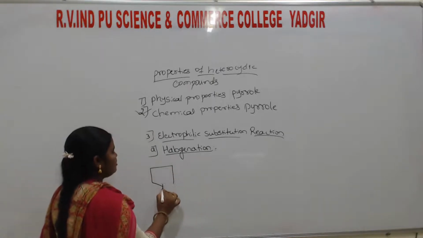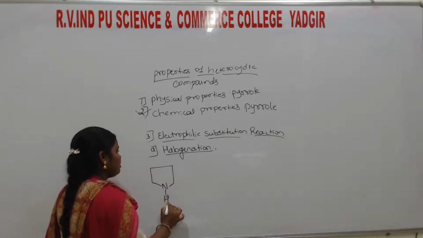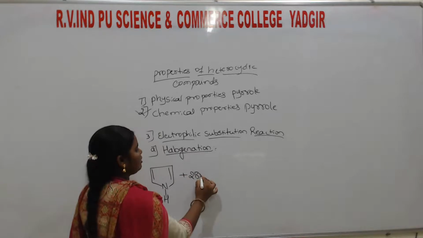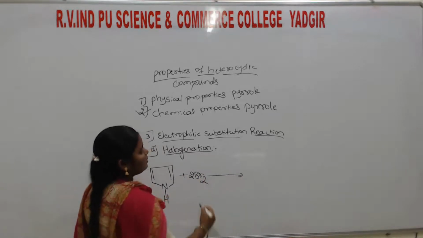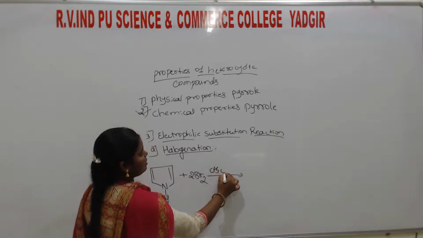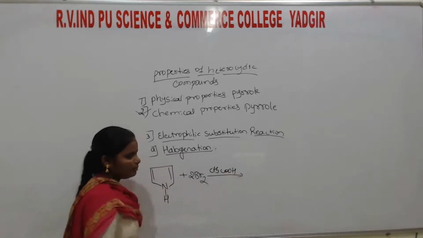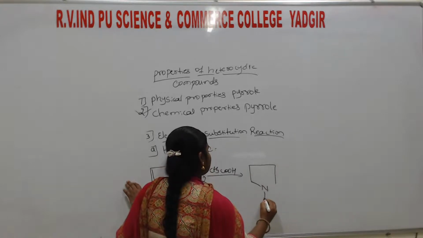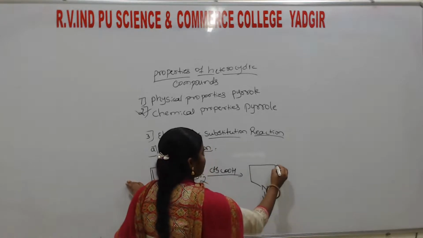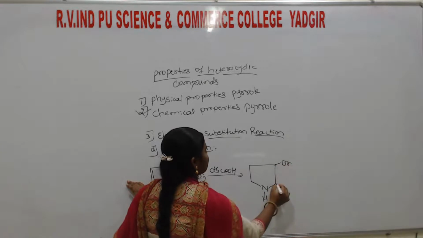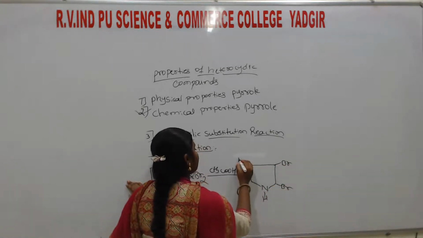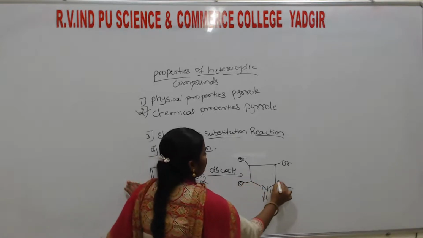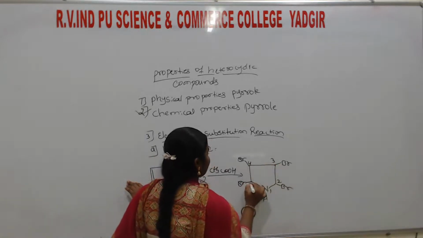This is pyrrole, in the presence of halogen Br2 and acetic acid, to form the product with NH and Br at positions 1, 2, 3, 4, 5.